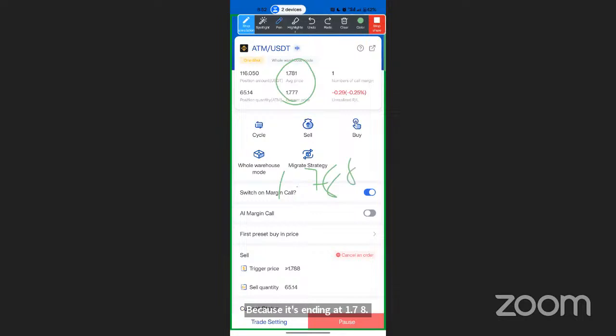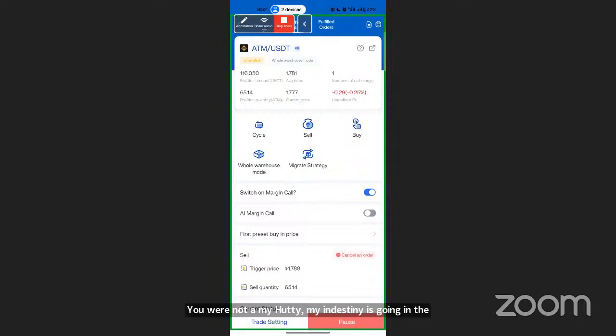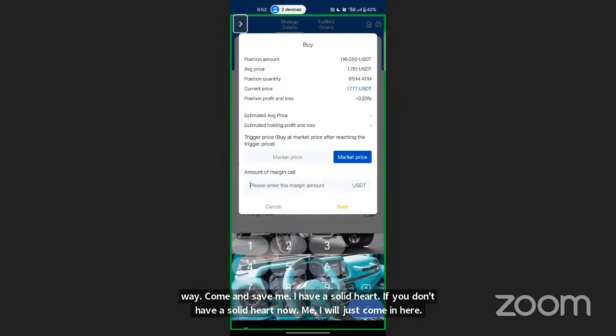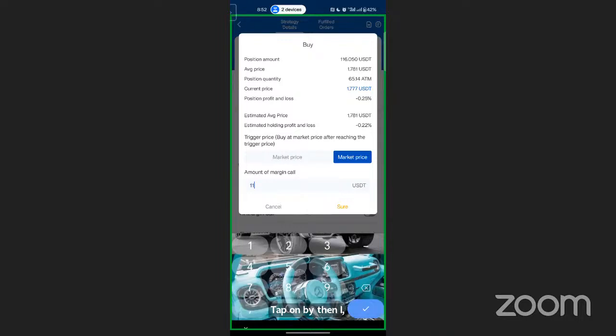Give me a 2 in the chat. If you don't have a solid heart, my intestine is going into my leg. Now me, I have a solid heart. I will just come in here, tap on buy, then I press in $116 that has been bought so far.